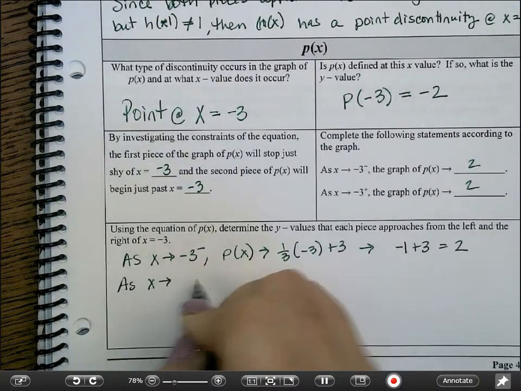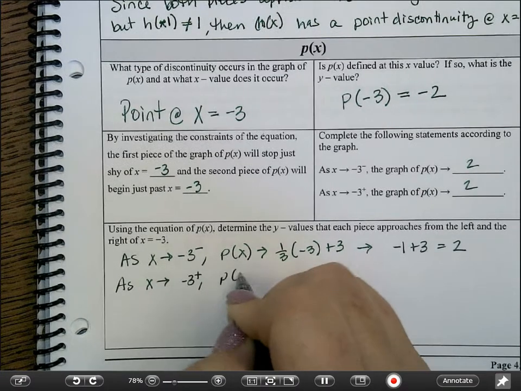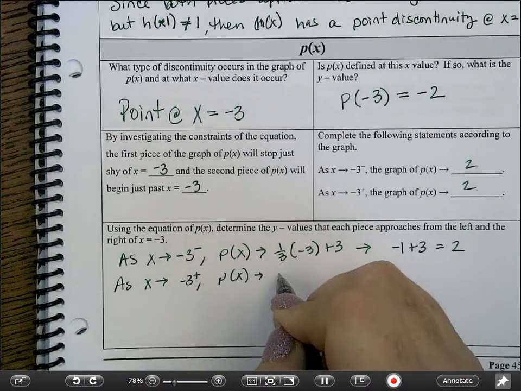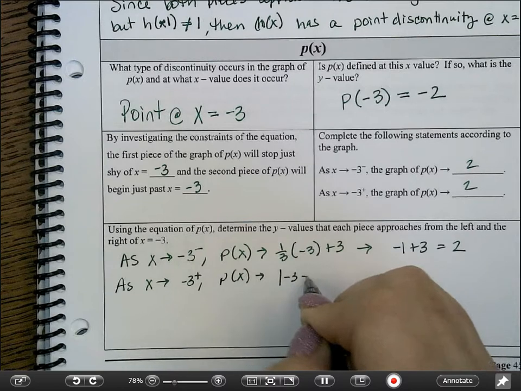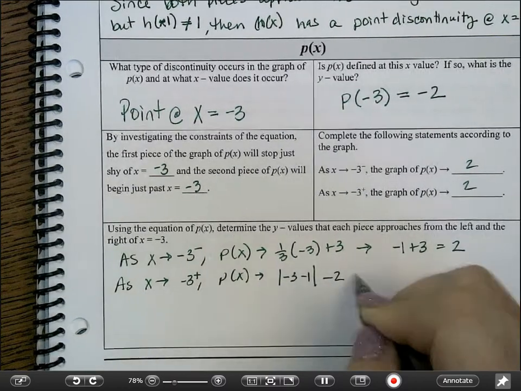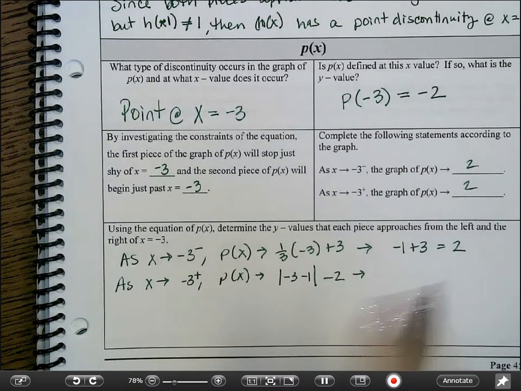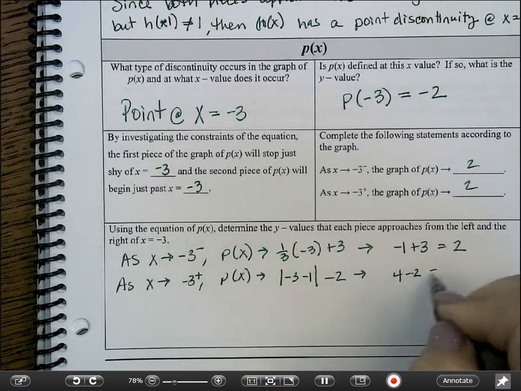As x approaches negative 3 from the right, p of x, and I'm plugging it into the absolute value. I'm simplifying the negative 4, which gives me 4 minus 2 is 2.